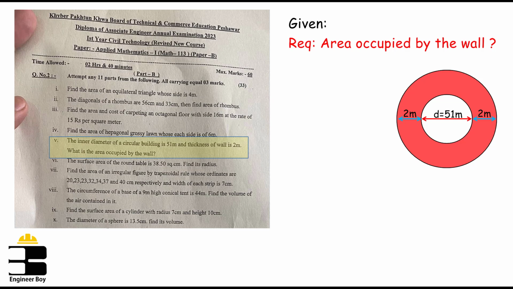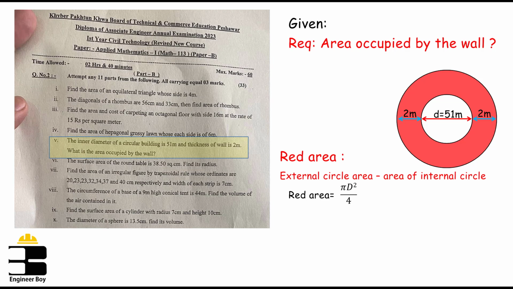Remember, in the solution, the red area is the external circle area, and we will subtract the internal circle so we can get the red area. It's quite simple. Now remember, the external circle area is pi D square divided by 4, that is the capital D, because for the internal diameter I have already used small d.